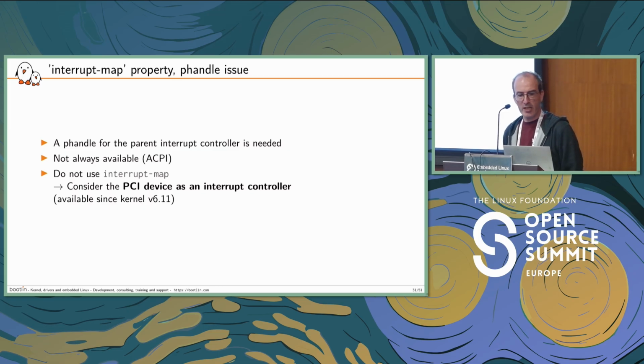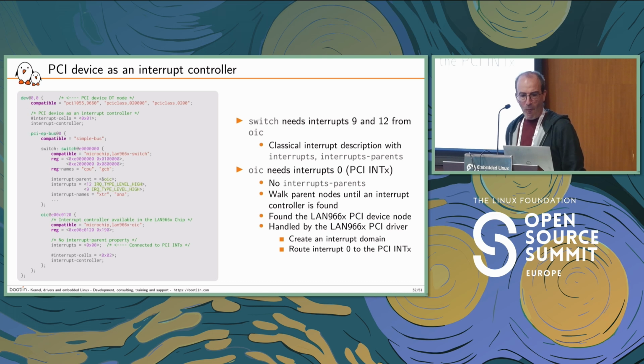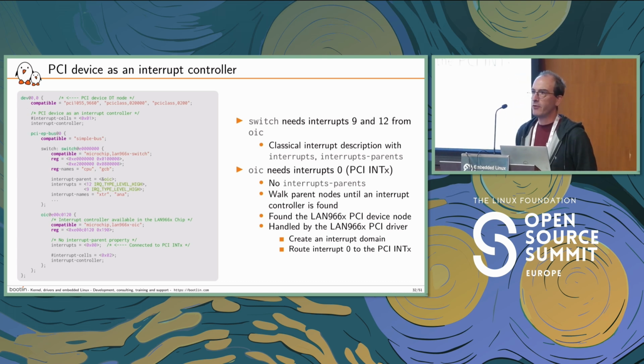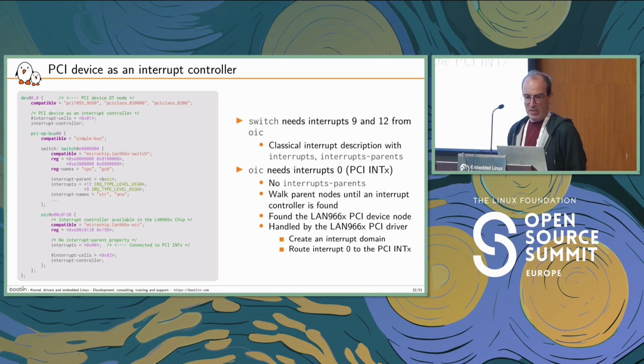So we decided to not use the interrupt map property, but consider the PCI device itself as an interrupt controller. This is available since kernel 6.11. For instance, here the switch needs interrupts 9 and 12 from the OEC. So we can see that it is a traditional description with interrupt parents.